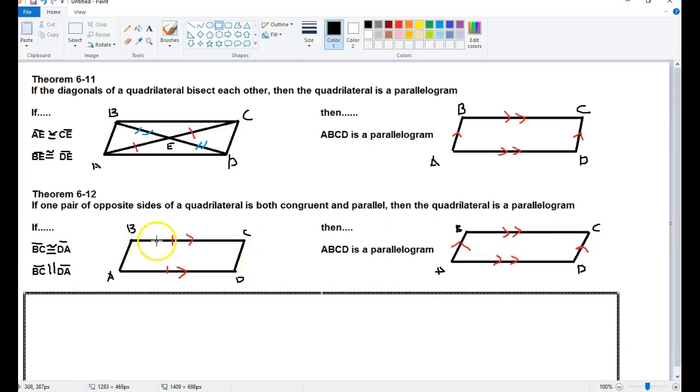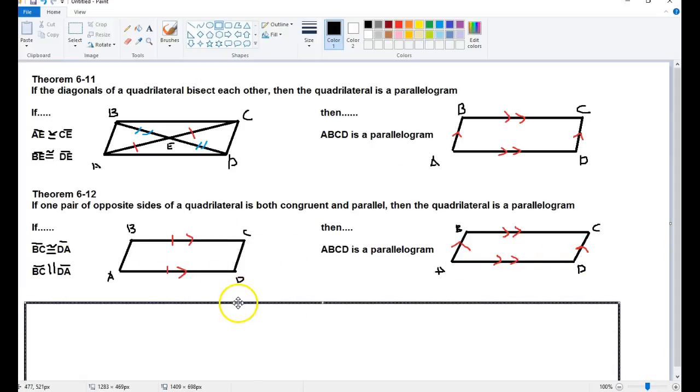So, if BC and DA are congruent and BC and DA are parallel, then it's a parallelogram. So basically this theorem says if you have one side that's parallel and congruent, then both sides are going to be parallel and congruent. That's basically what this theorem here is saying.